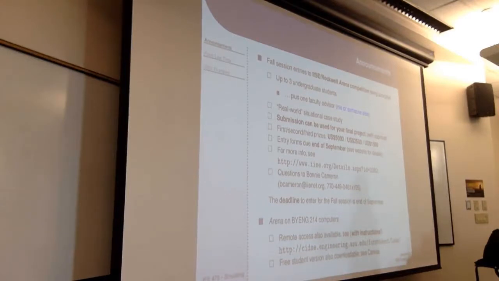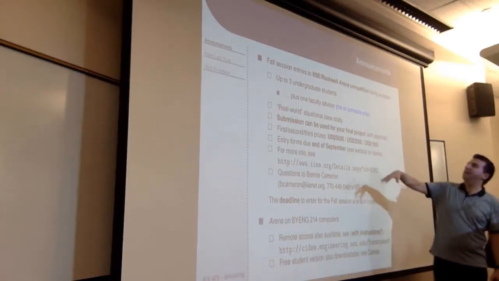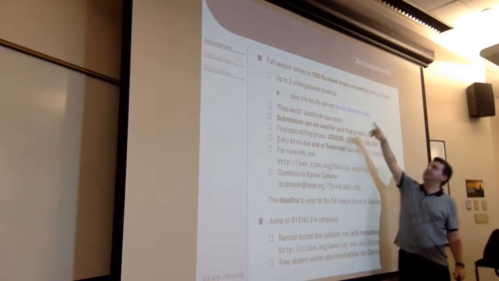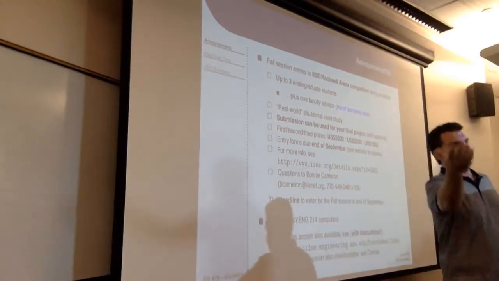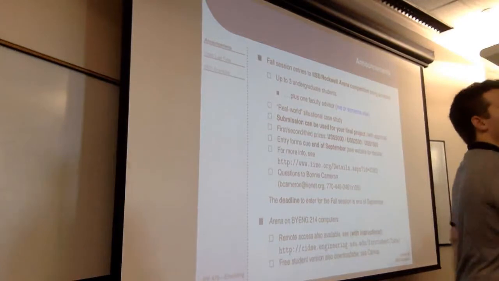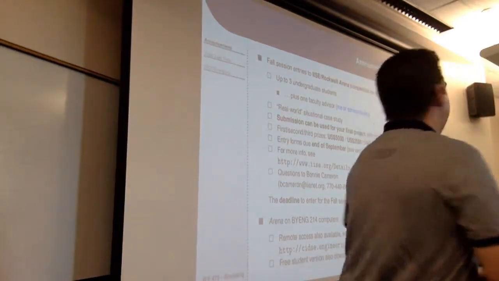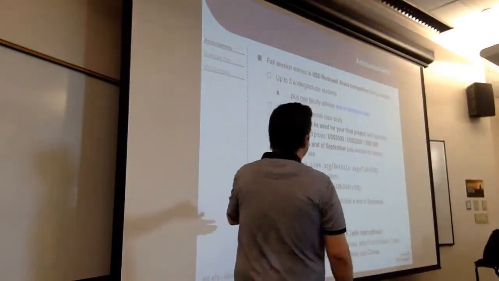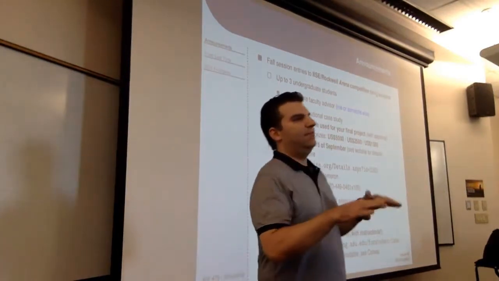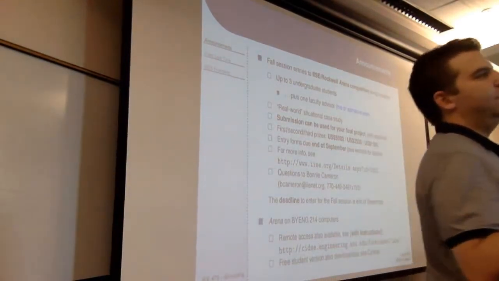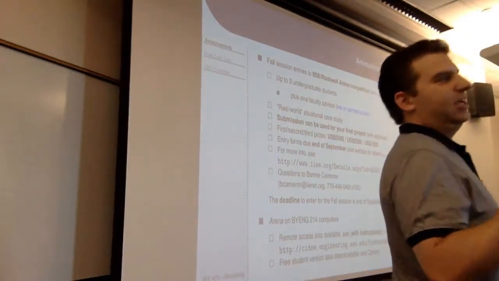But one of the things you can do for your final project, you don't have to do this, is actually in your group enter the IISE Rockwell Arena competition, in which case you won't pick a system, you'll just use the system and the data sets that they give you. And so it's usually a little more sophisticated, but it is a simulation competition designed for your peers, designed for people at your stage in your education.